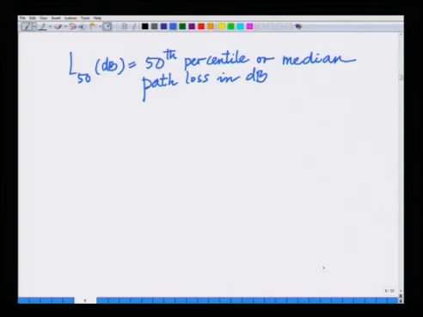So, L50, similar to what we had seen earlier, is the 50th percentile path loss or the median path loss in dB.